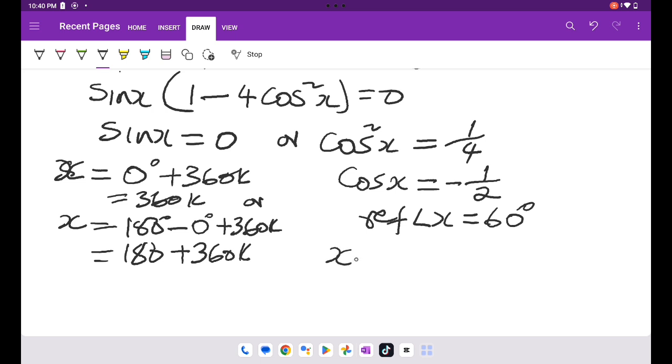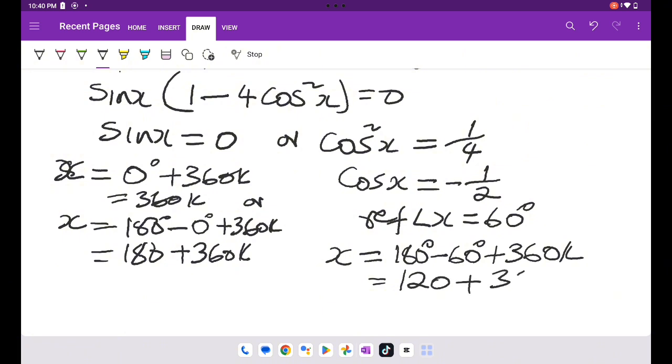So meaning the solution for this side will be x is, in number 2 will be 180 minus our reference angle, which is 60, then plus 360k, giving us 120 plus 360k.